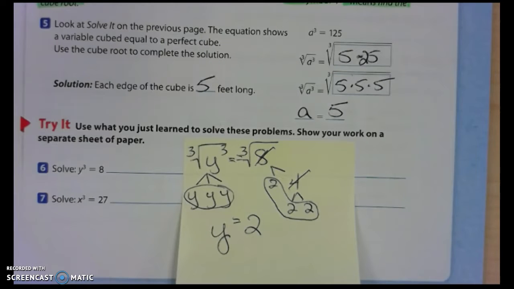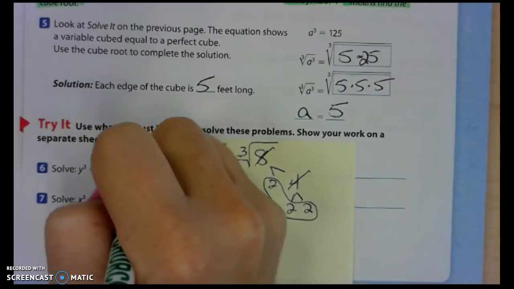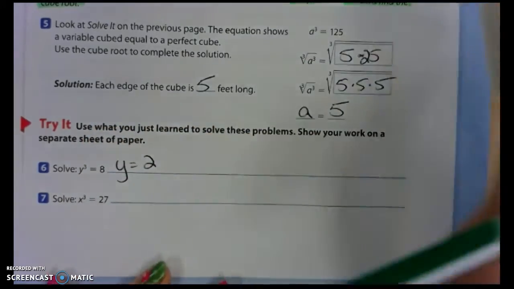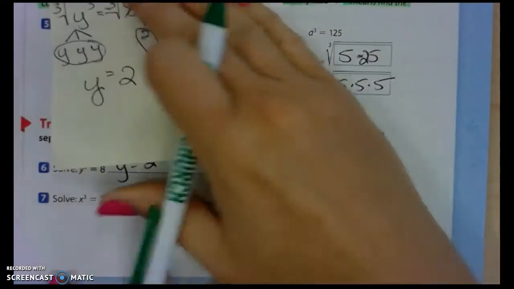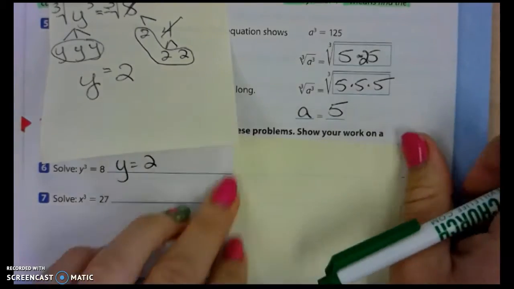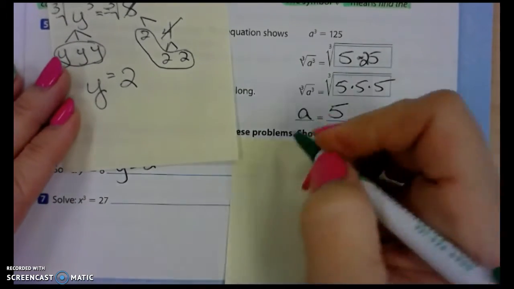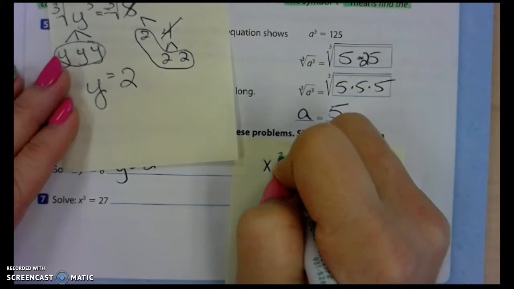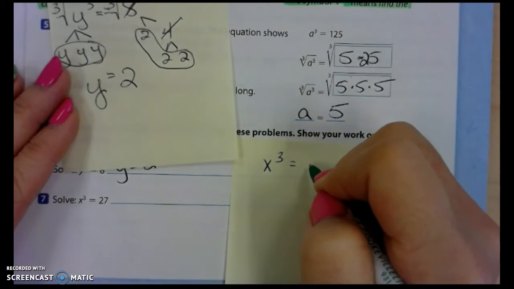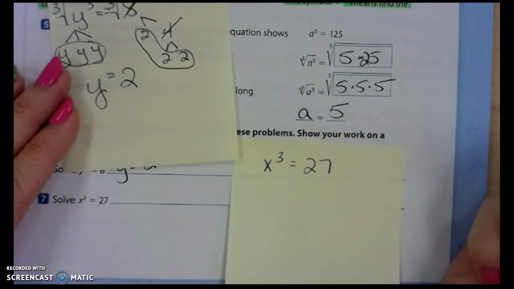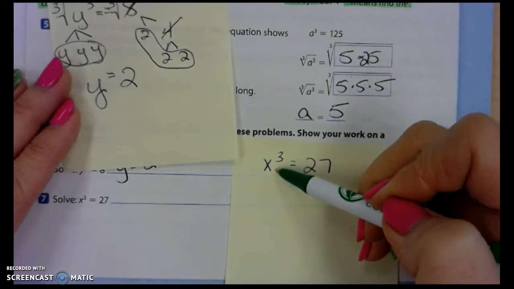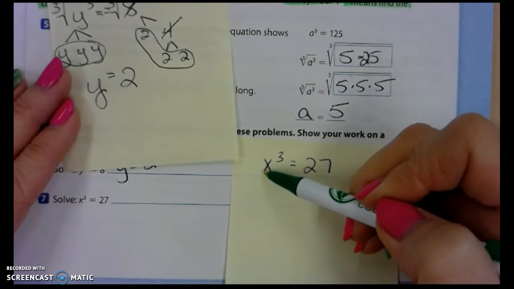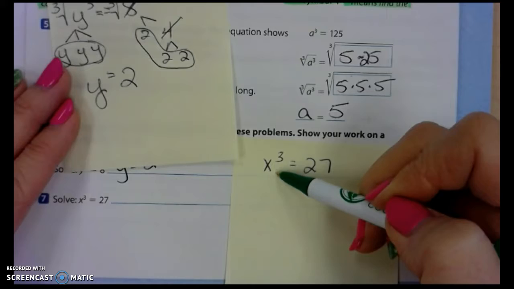On number 7, I've got x cubed equals 27. I want to know how much 1x is. Right now, it's 3x's, x times x times x.